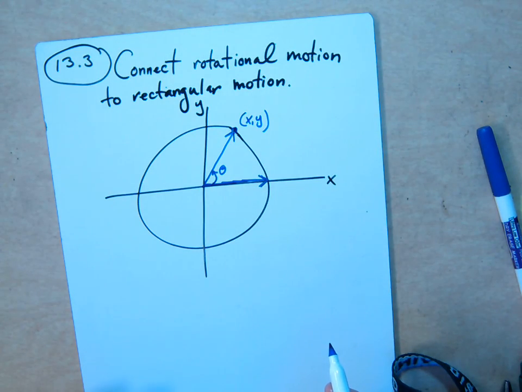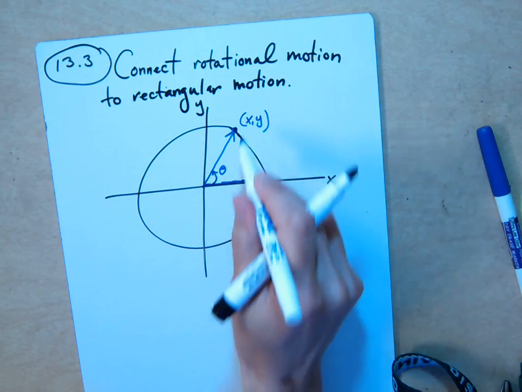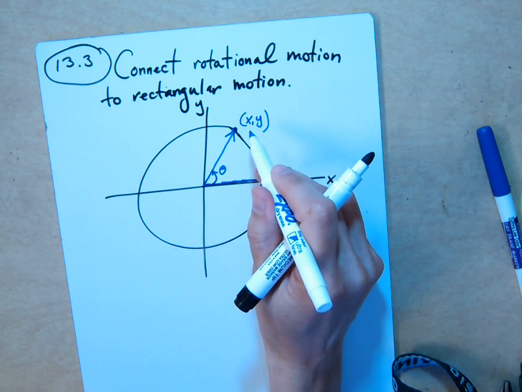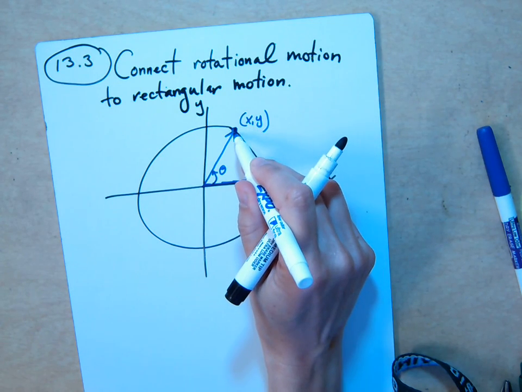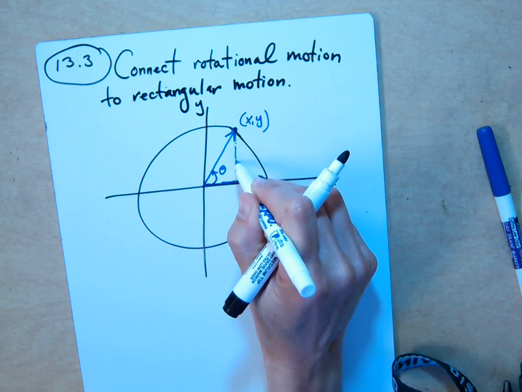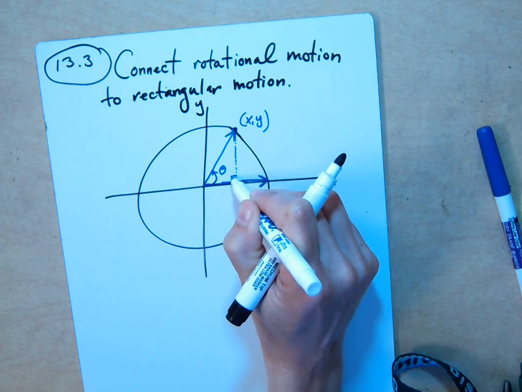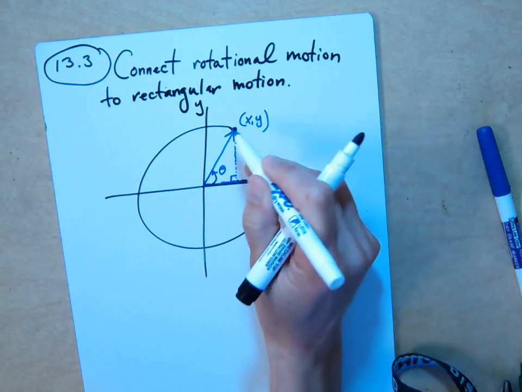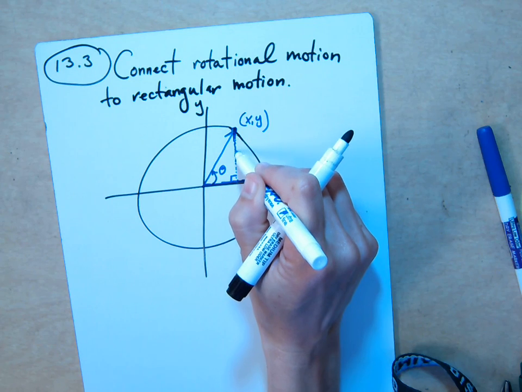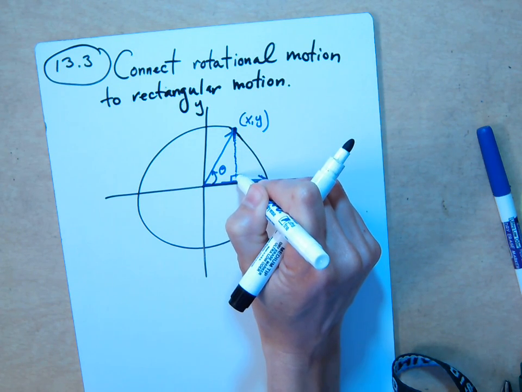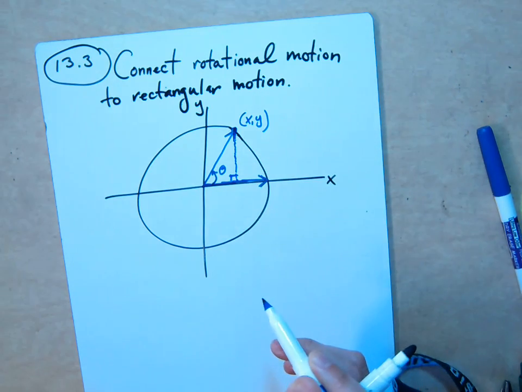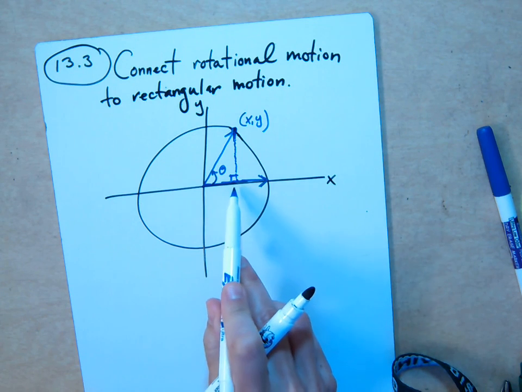Watch now, I'm going to connect the rotation to the motion. You always drop a line down to the x-axis like this, and lo and behold, there is your right triangle. It always goes down to the x-axis, so you'll always be able to make a right angle with the x-axis.